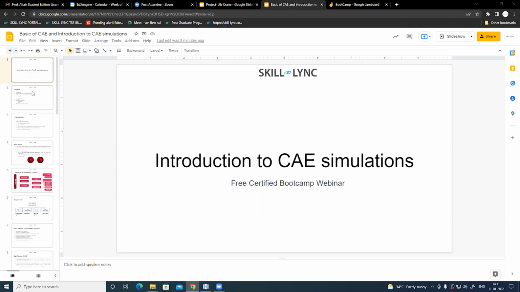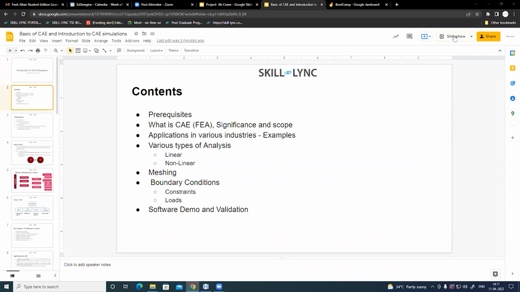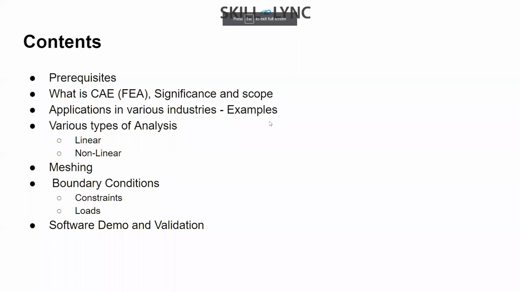Okay, so talking about today's contents. Today we'll start with all the prerequisites: what is required for you as a CAE engineer. First we'll see what CAE is, its significance, and the scope. We'll also look into the various industrial examples and applications of CAE, and then move on to the various types of analysis.